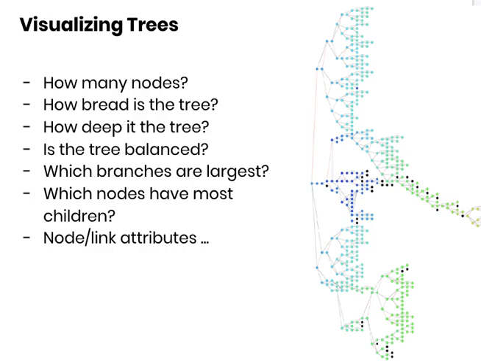In the example on the right, for example, you have this one branch that goes very deep, whereas the tree is fairly broad. Which branches are the largest, for example? Which nodes have more siblings, have more children, and which parents have more siblings, and all these kinds of things. And important is also, is this tree balanced?